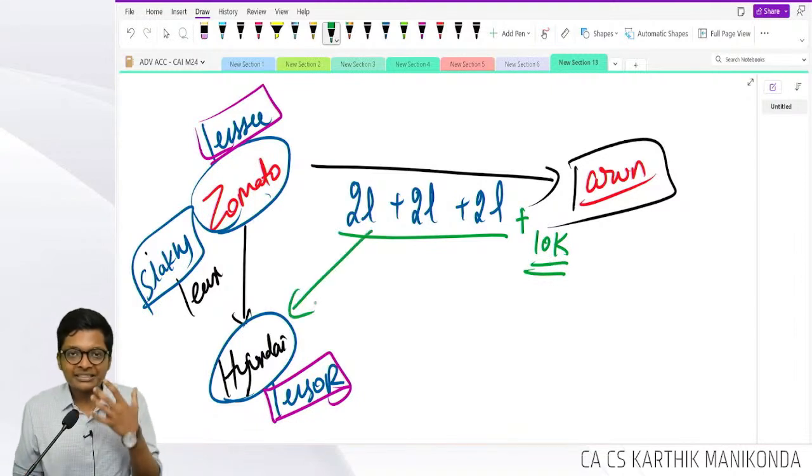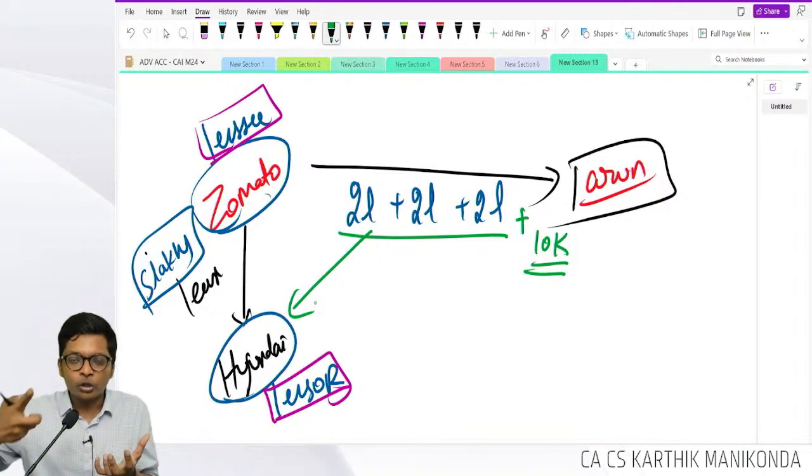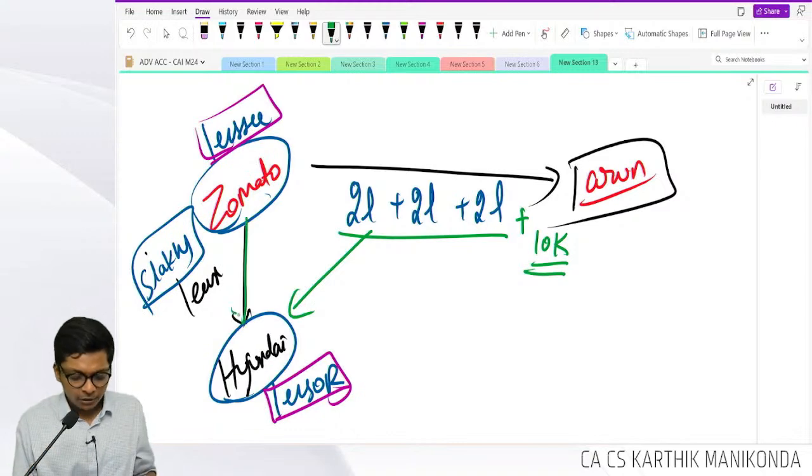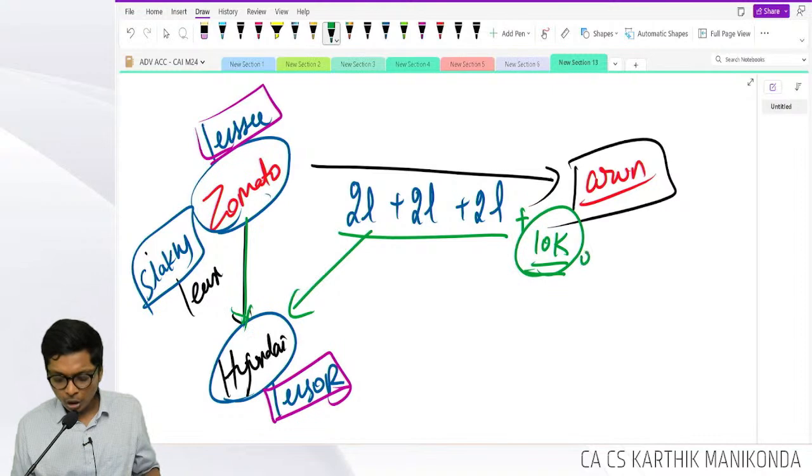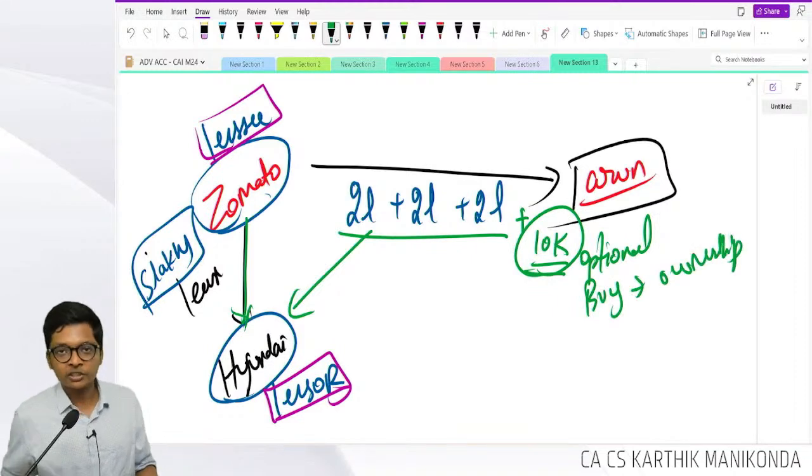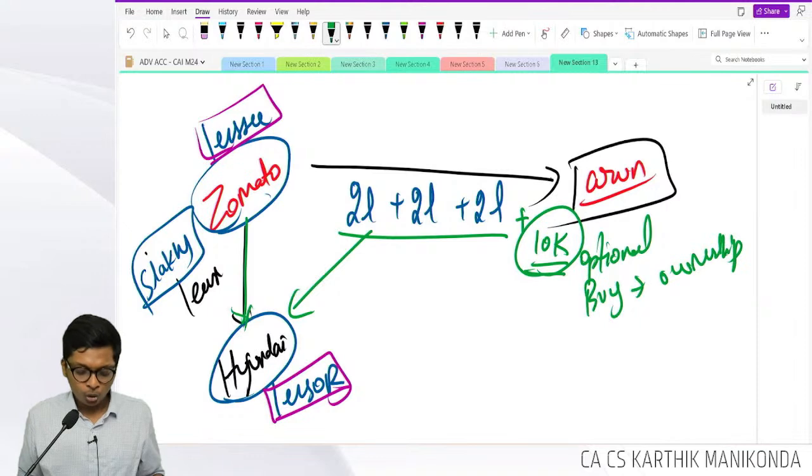But for 10,000, the Sale of Goods Act says for transferring ownership, there has to be consideration. So just assume for our example, Zomato is paying 2 lakhs plus 2 lakhs plus 2 lakhs, but an optional 10,000 if they want to buy the car and get the ownership.